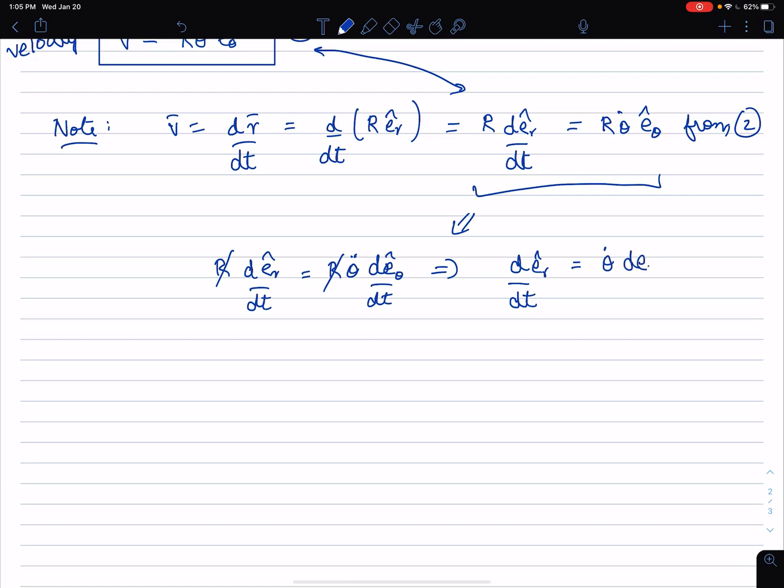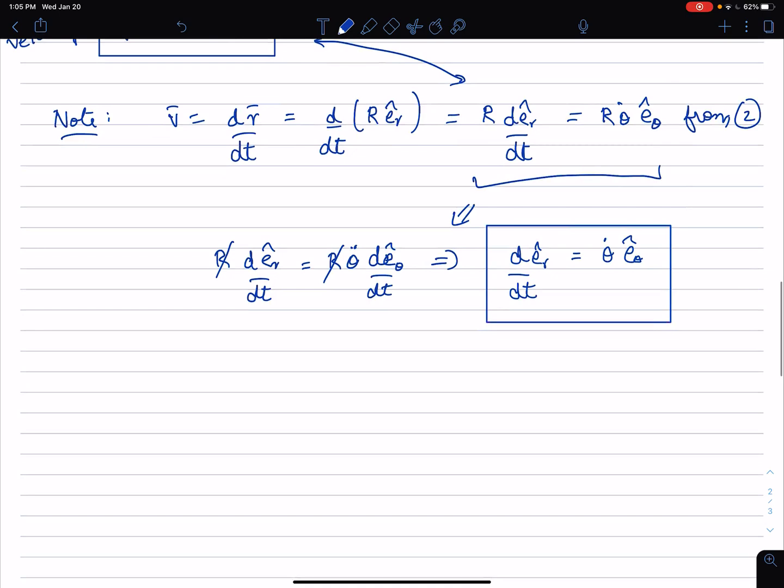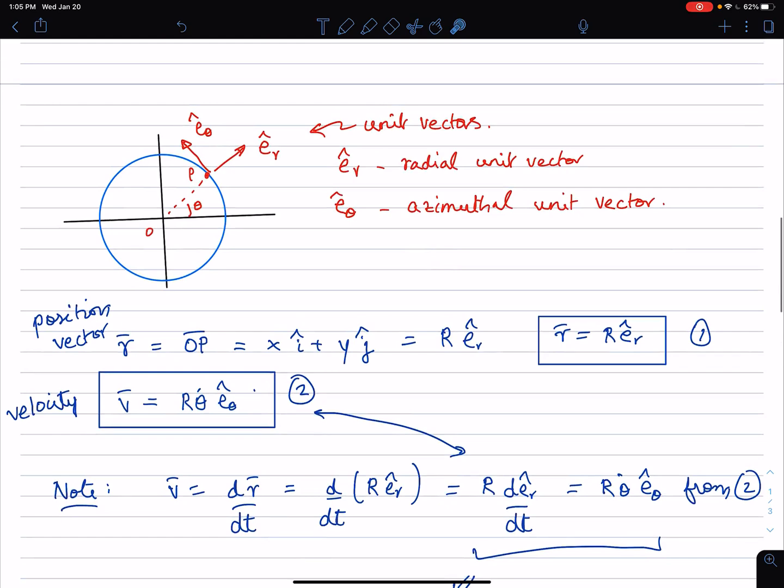So the rate of change of e r is theta dot e theta. Previously, in the previous lecture, we looked at the rate of change of i and j, which was equal to 0.